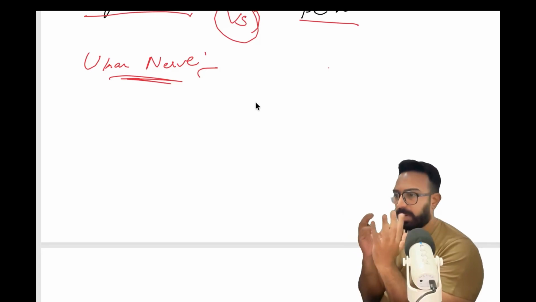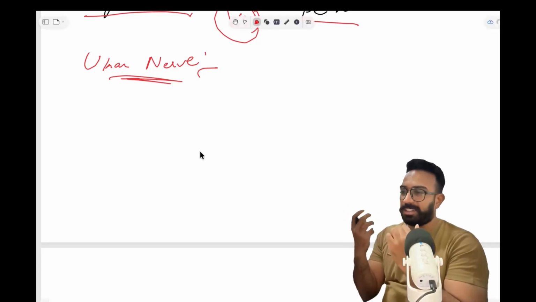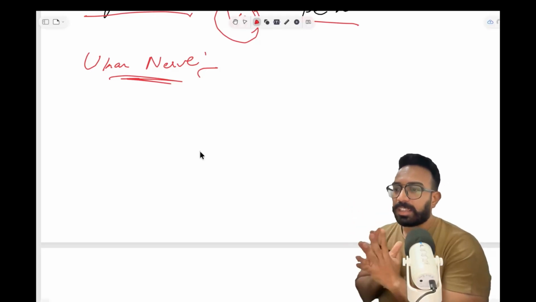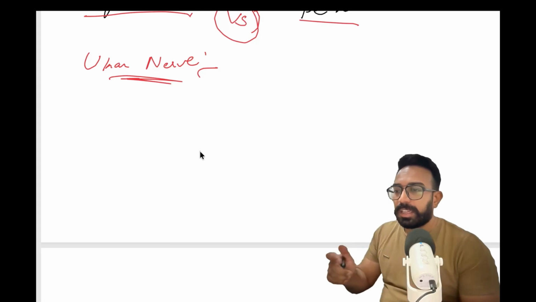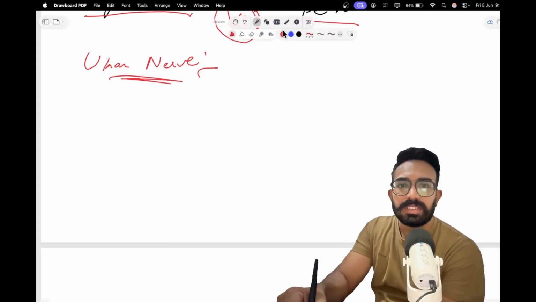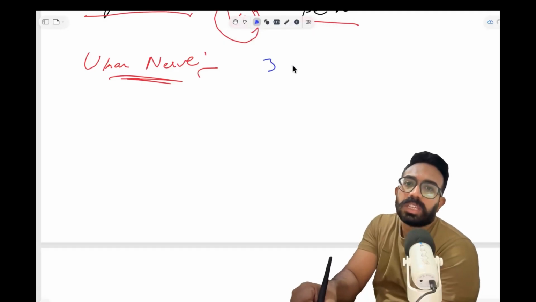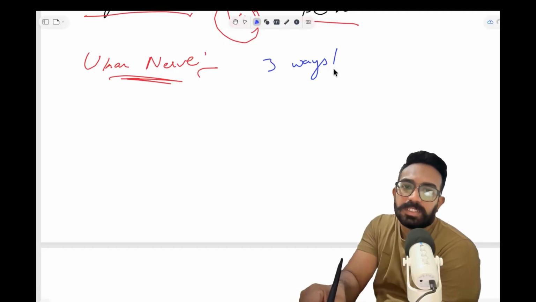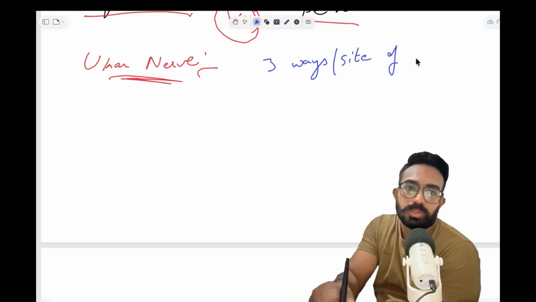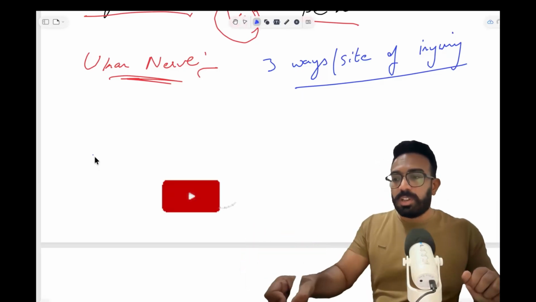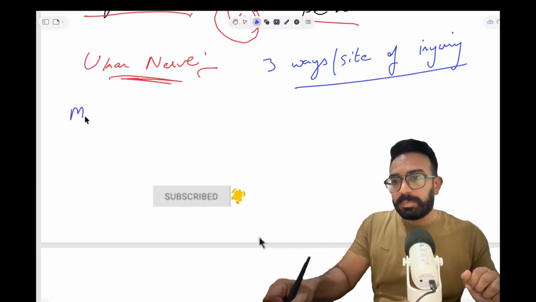And there are three ways in which you can injure your ulnar nerve.